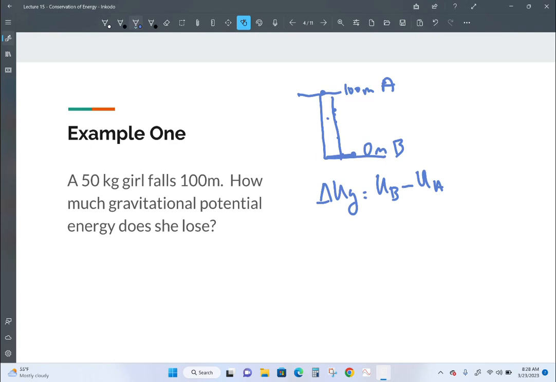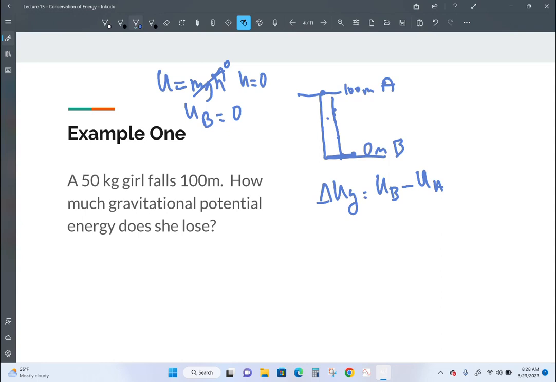Well, since potential energy at any point is mgh, if h is 0, then the potential energy at B is going to be 0, right? She's got some reference point. And it's okay for you to assign the lowest point in the particular scenario as the reference point, because we really want to look at the change in height relative to some starting point.